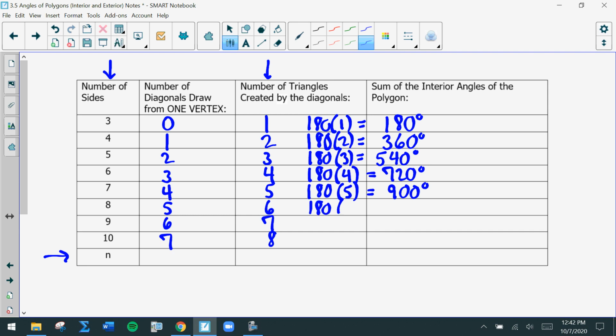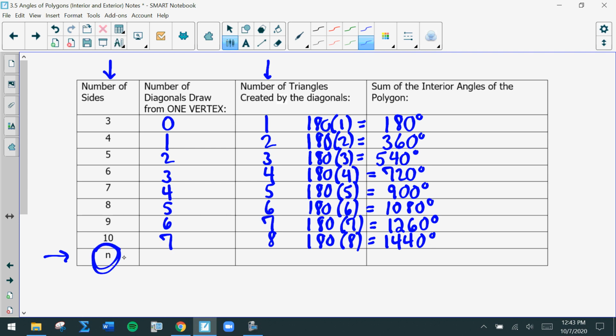And then we can do 180 times 6, which gives us 1080. 180 times 7, which gives us 1260. And then 180 times 8 gives us 1440. Okay. So now we're in our last column.